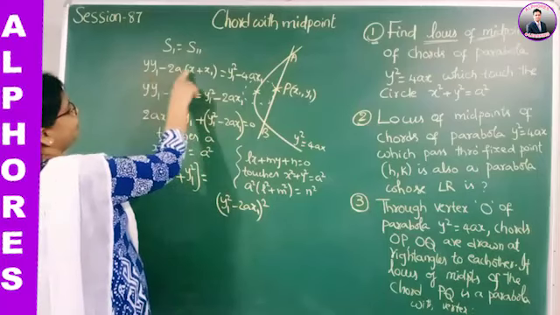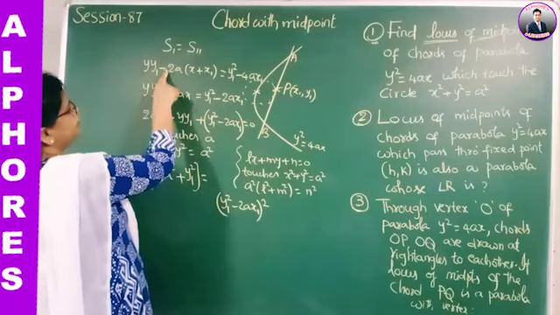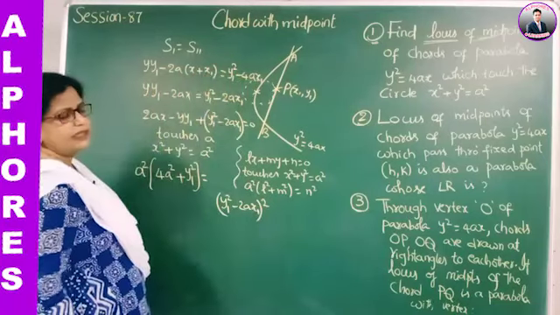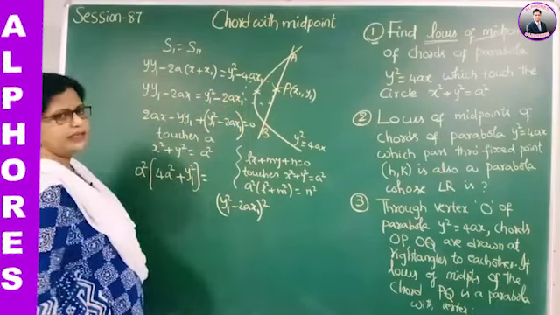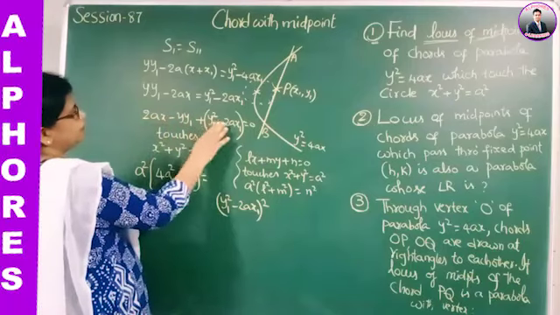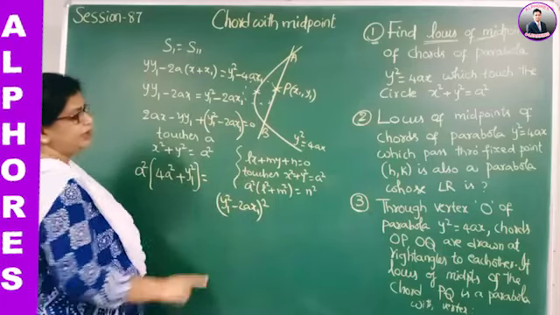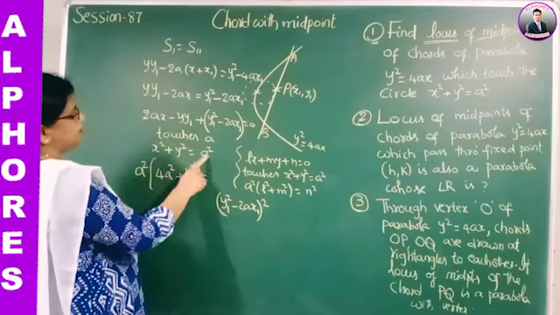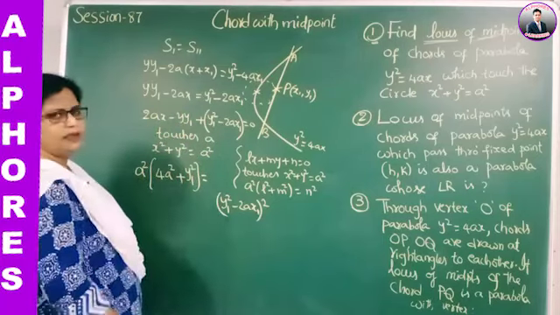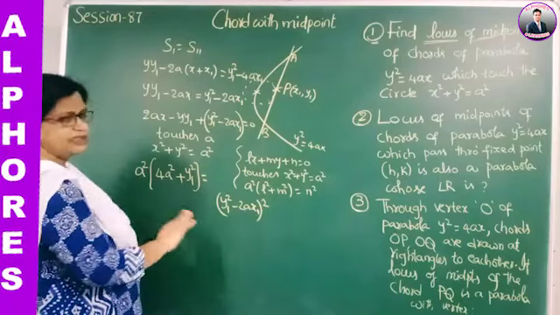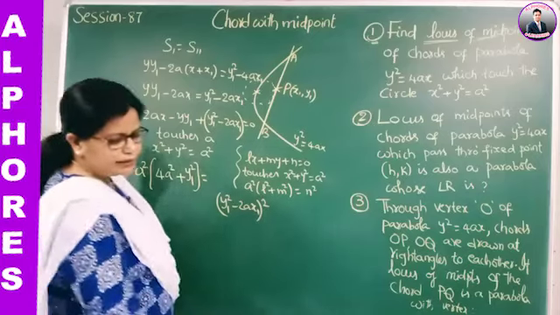We have taken one of the chords, S1 is S11, simplified it, and taken the terms to the other side. Now it is of the form Lx plus my plus n is 0 touching a circle, and we have substituted the condition, radius square a square times 4a square plus y1 square equal to n square.